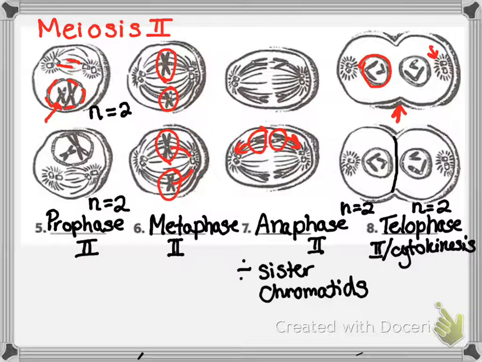Okay, so here you can see there's a chromosome here, a big one, and a chromosome here, a little one. So we still have 2 chromosomes. They're just unreplicated chromosomes, and that is the condition they need to be. And then these cells can go off and they can mature, and maybe they become sperm, and they can go fertilize an egg. All right, so that is the gist of meiosis.